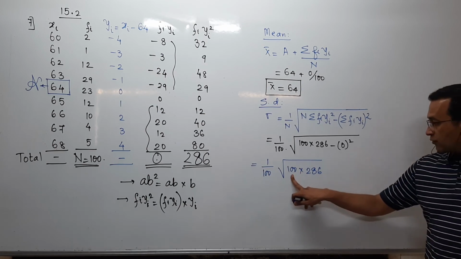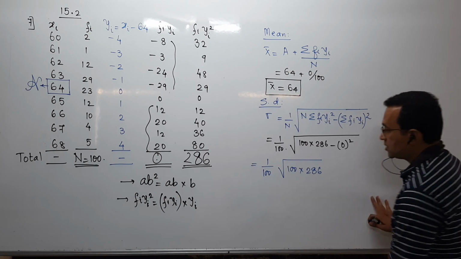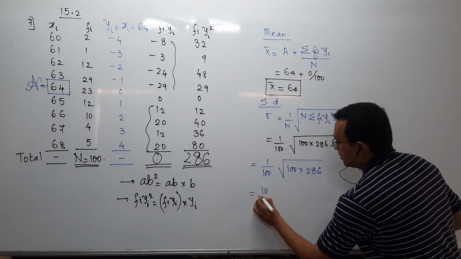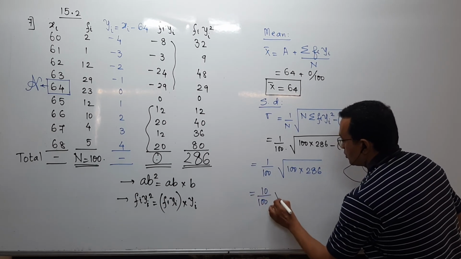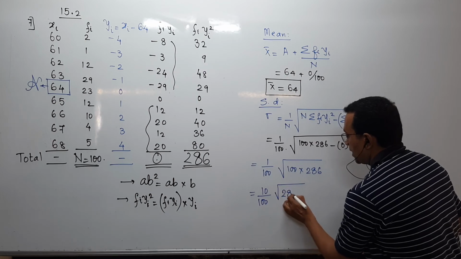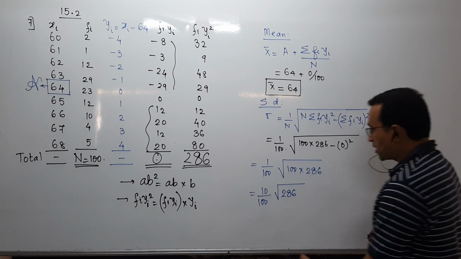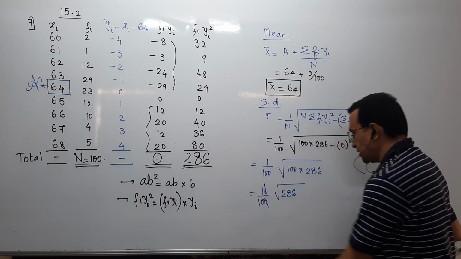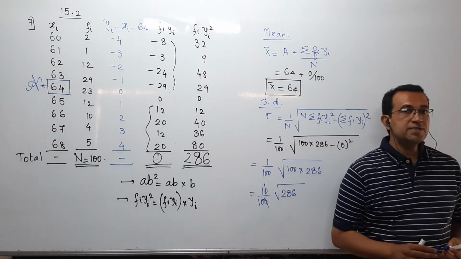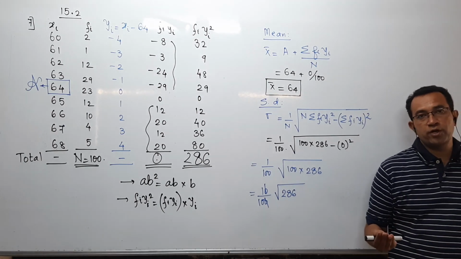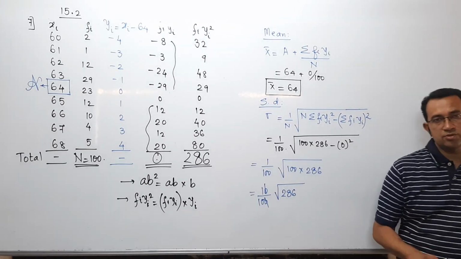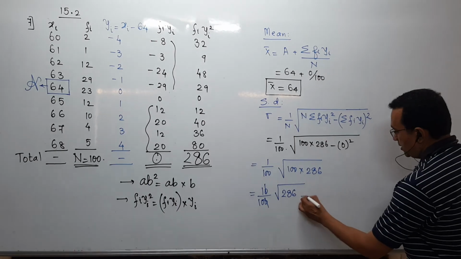Now students, square root of 100 is 10, so this becomes 10 by 100 into square root of 286. So this becomes 1 by 10. Now 17 square is 289, so square root of 289 is 17, so this will be a little less than 17.